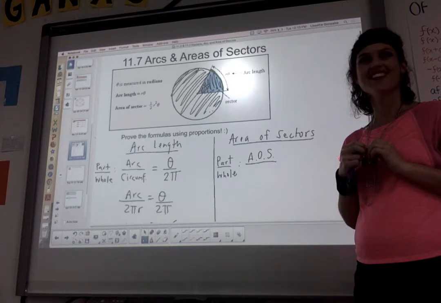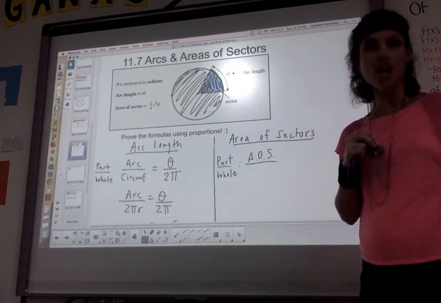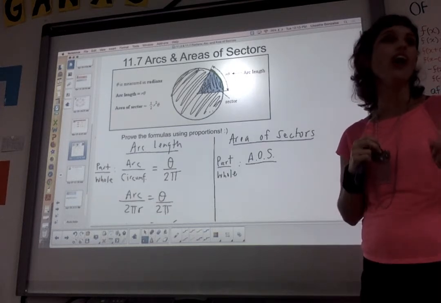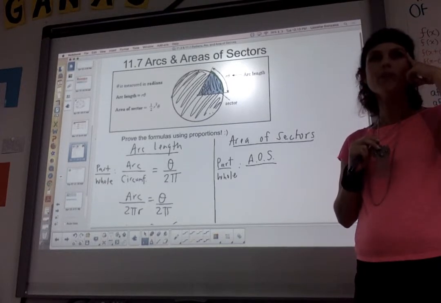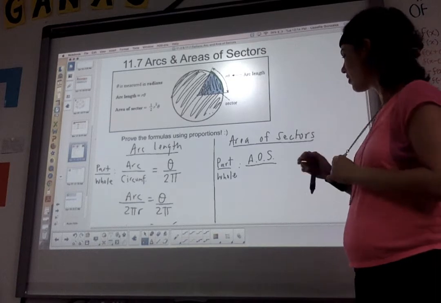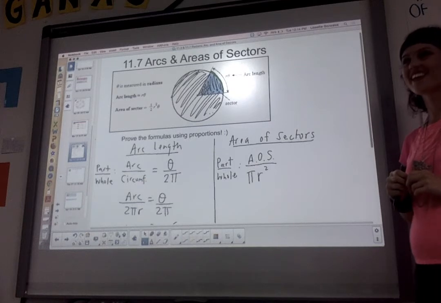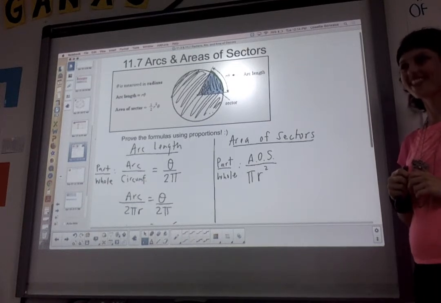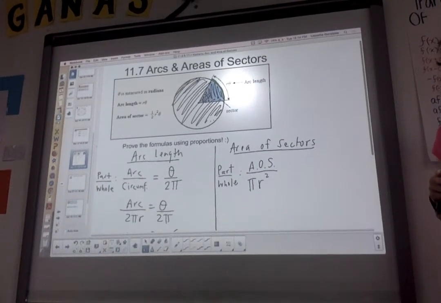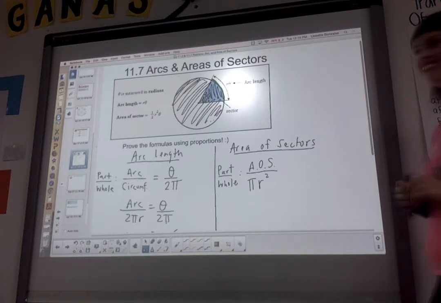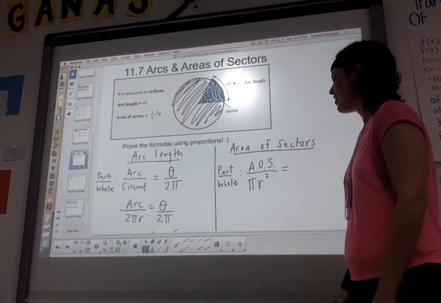Guys, I don't care how cheesy you think that joke is. If it helps you remember the area of a circle, I don't care how cheesy it is. Pi r squared. No, they're not. They're round. That's how I remember. She's talking about pies. Pies are not square. They're round. I always laugh. I love myself.